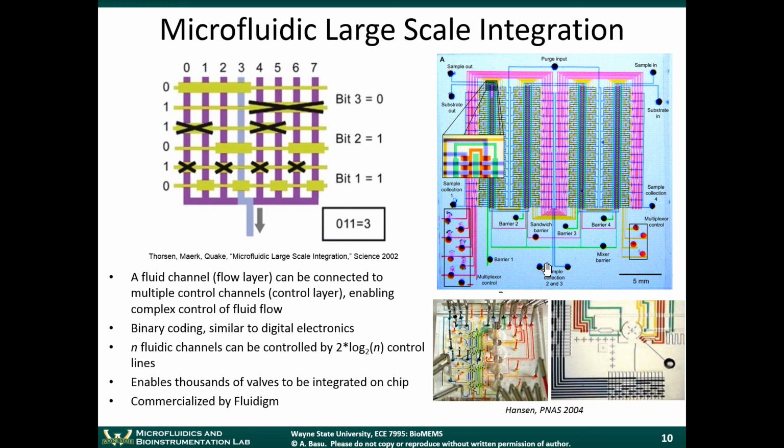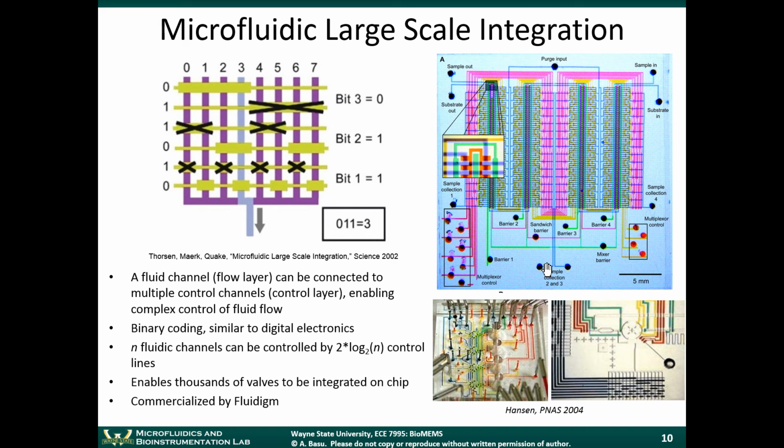It's a logarithmic function. So the higher the number of channels you go, the number of control channels does not scale proportionally. It scales at a slower rate. So with maybe 30 control channels, you can start to control thousands of valves. It's a very nice scalable technology.